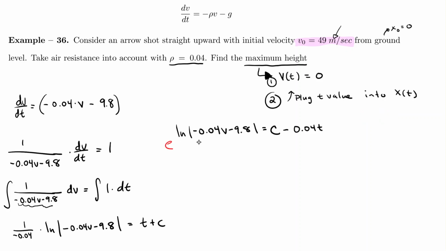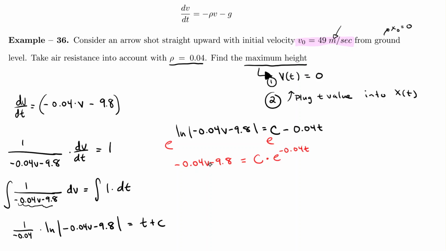Exponentiating both sides gives us negative 0.04 v minus 9.8. Similarly to before, e to the c just becomes the constant c multiplied by e to this expression. Similar to our reasoning before, we can drop our opposite values.